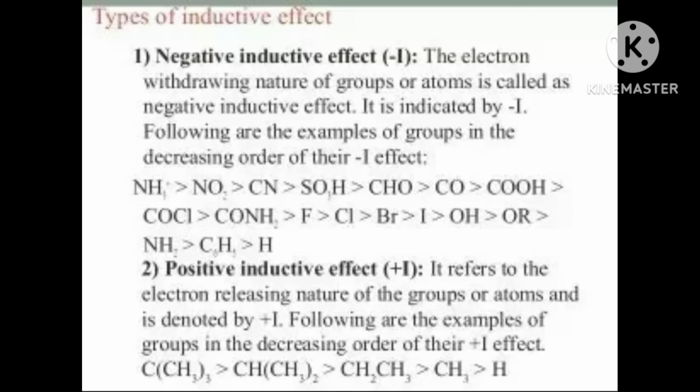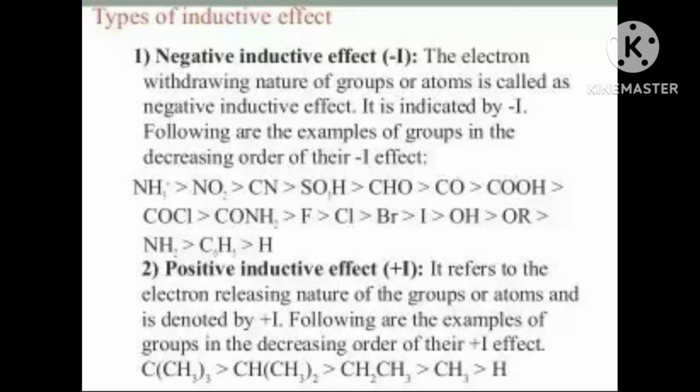The same situation is there. This type of electron displacement is called the electromeric effect or polarizability effect.